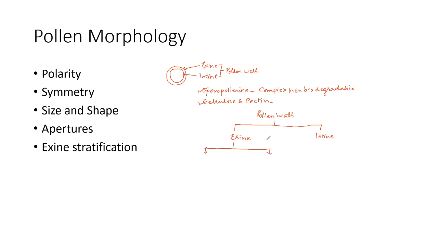The first layer of exine is referred to as sexine, and the second layer is referred to as nexine.